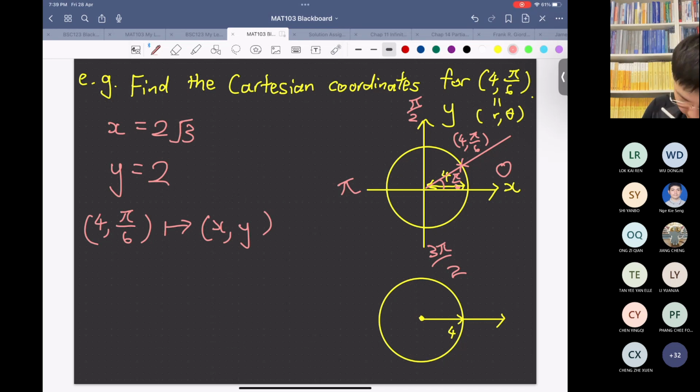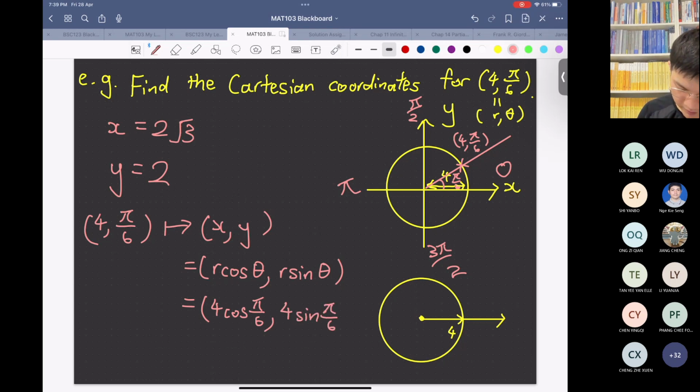So x equals r cosine theta and y equals r sine theta. You just plug in your values: 4 cos pi over 6 and 4 sin pi over 6, which is 2 root 3, then 2.